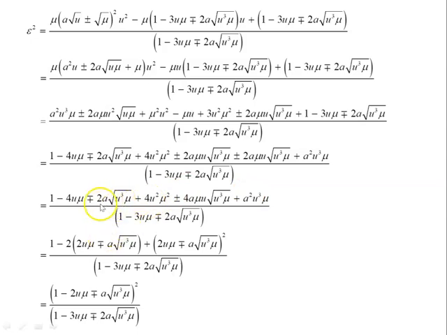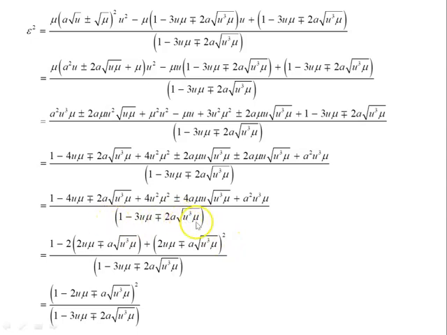Now, this was a little bit tricky. It took a while to work this one out. But you get 1 minus 2 lots of, if I factor out 2 from the second and third terms here, I get this. And then notice here with this thing that if I take this plus or minus this and square it, I can get this. So factorizing this is this. And it was a lot of playing around to get it.